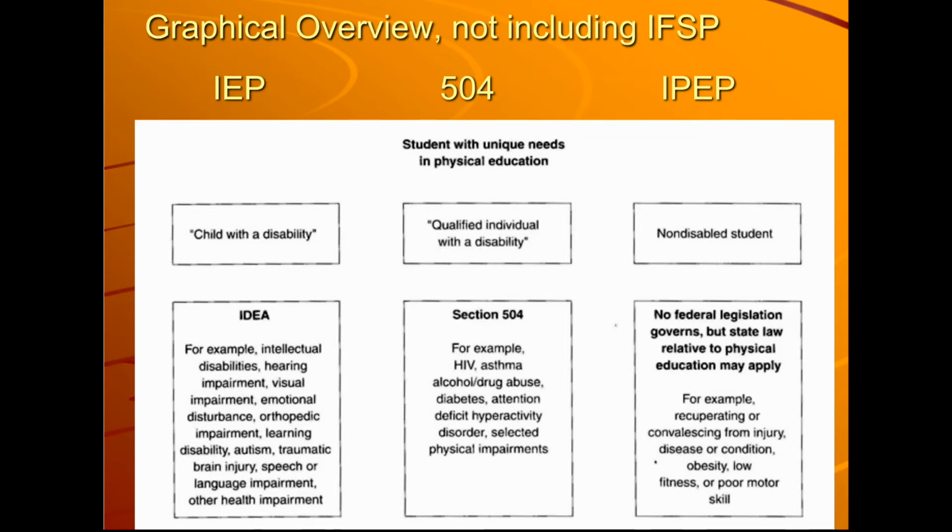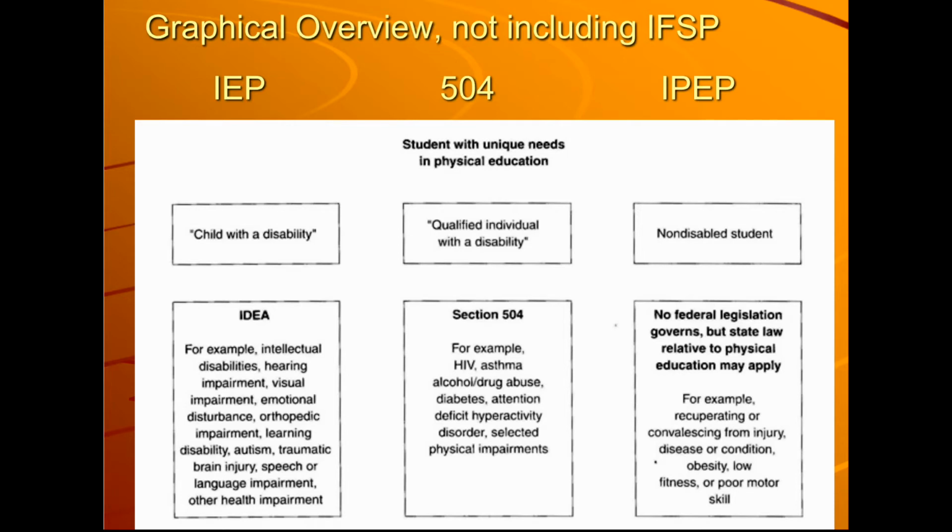So for age 0 to 2, it's the IFSP or the Individual Family Service Plan. But for ages 3 to 21, then it will be the IEP.